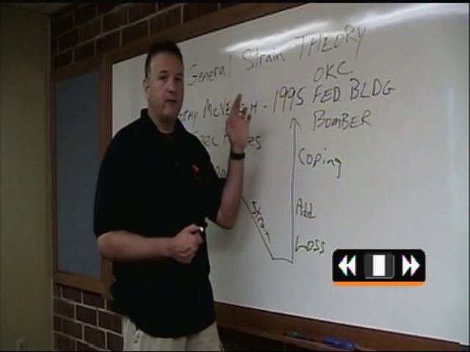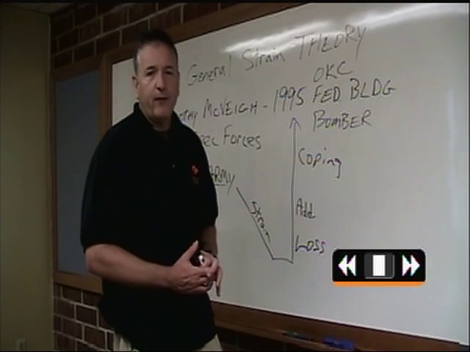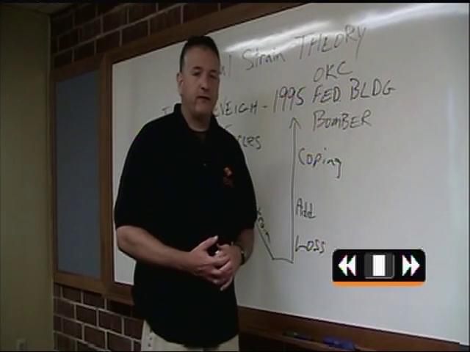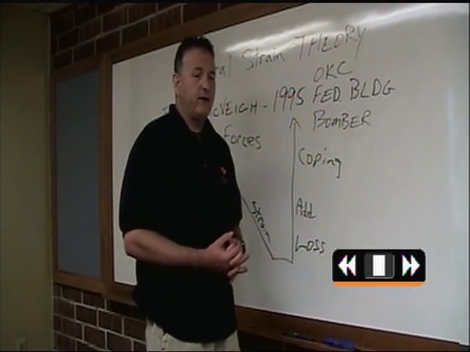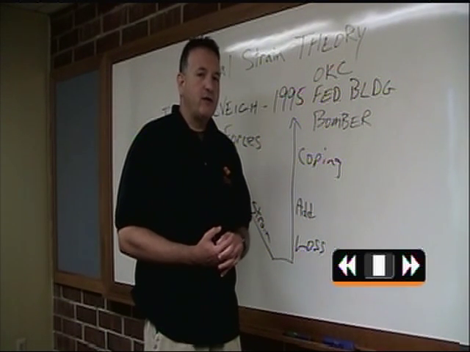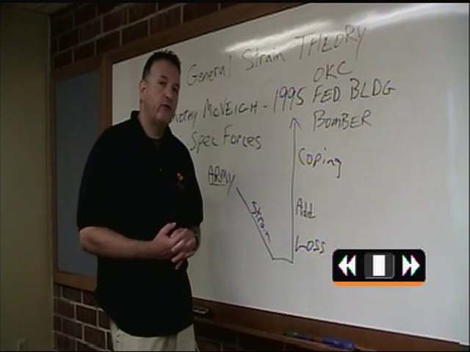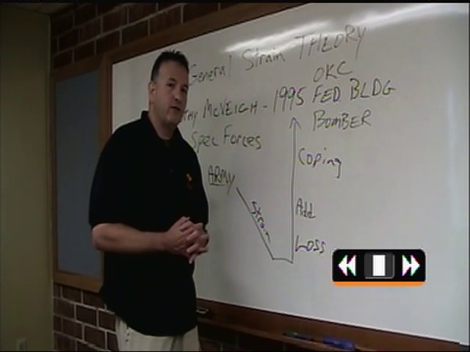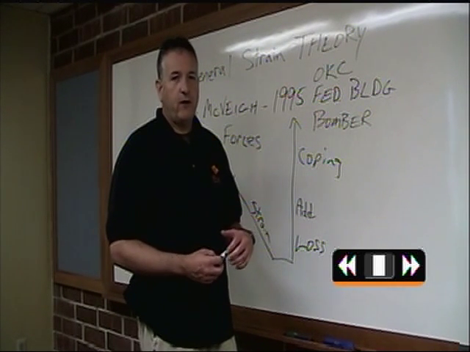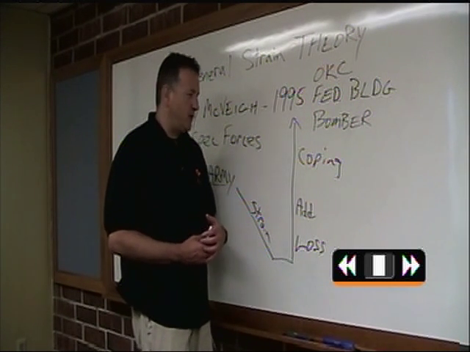The neatest part about the general strain theory is how you can apply it to people of all different socioeconomic classes, and you can apply this to violent crimes, a wide range of crimes as opposed to property offenses. The traditional Merton strain theory focuses mostly on why poor people experience strain and then turn to property crimes as a means to achieve goals.